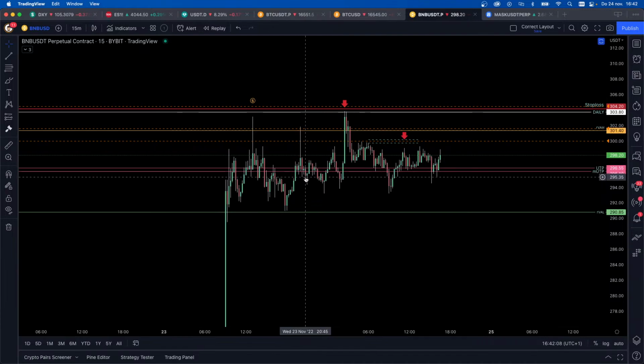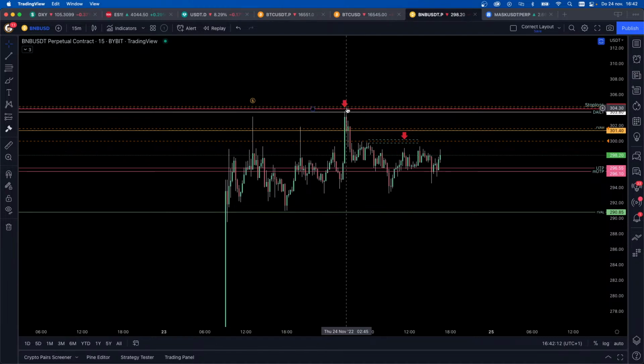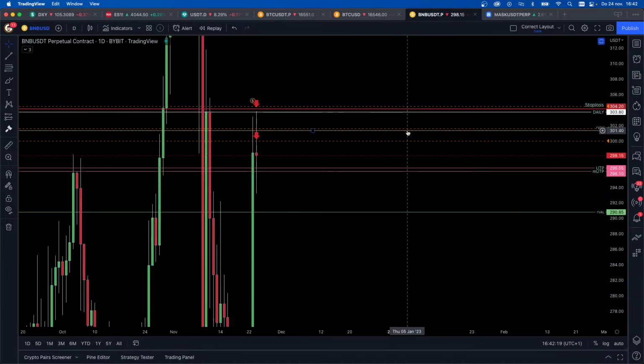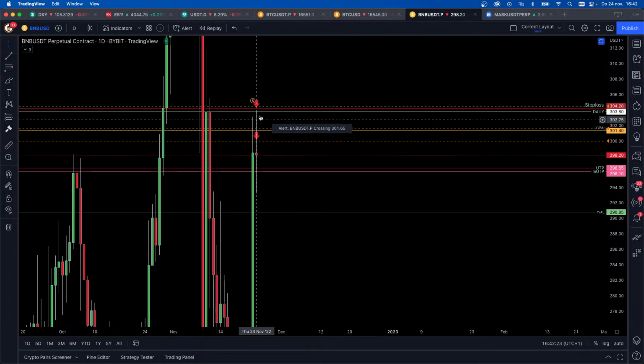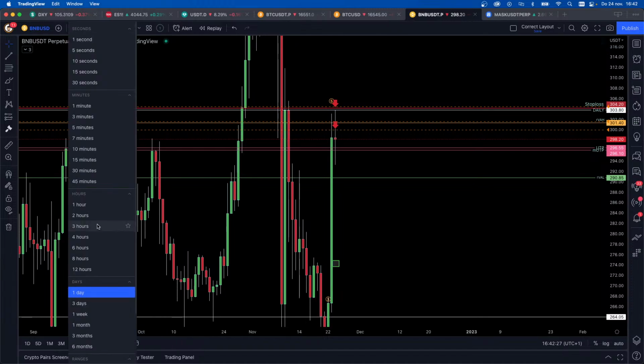I shorted and took some profit. But then we saw another move to the upside, and it was because this daily was untapped. It should have at least hit that daily. If you have a daily close by, then until this daily hits, you cannot short it.